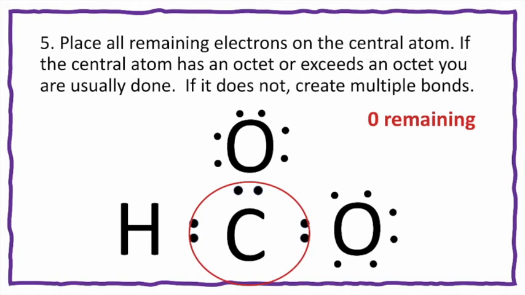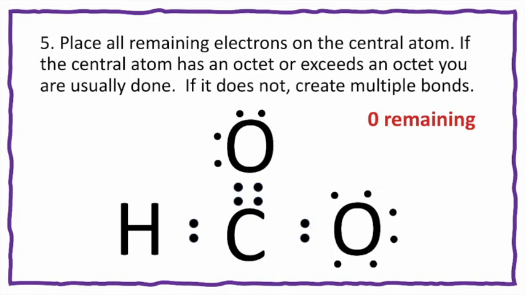It does not have a complete octet. So we're not done. We're going to need to create multiple bonds. We're going to do this by taking 2 of the electrons from one of the oxygen atoms and moving them over so that we form a double bond between oxygen and carbon. So now carbon has a full octet.